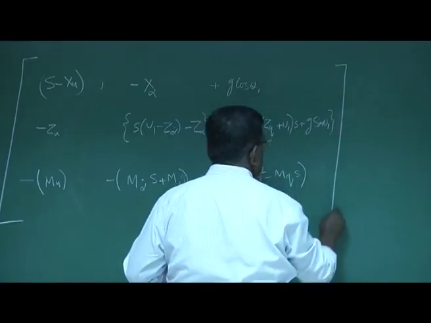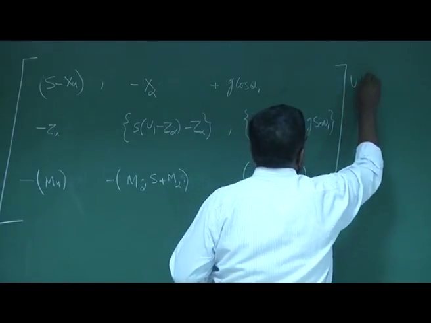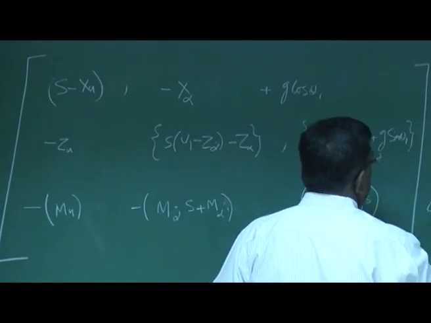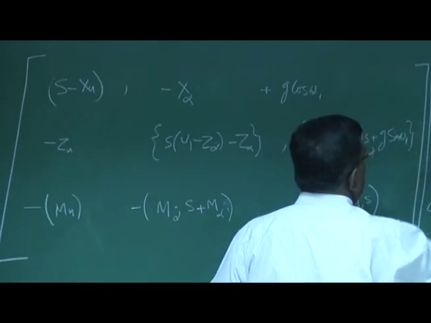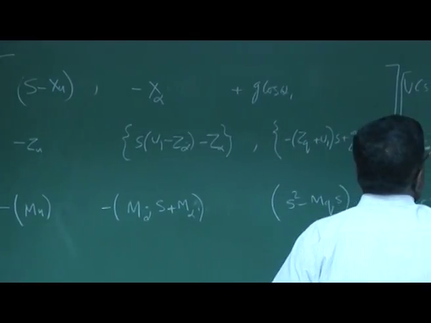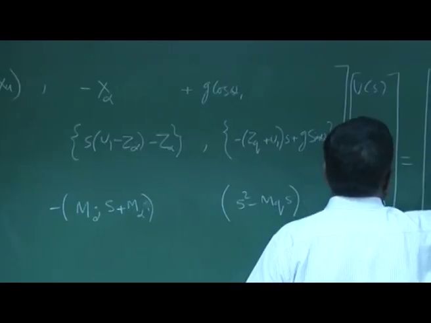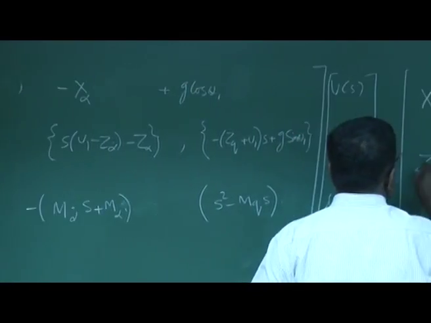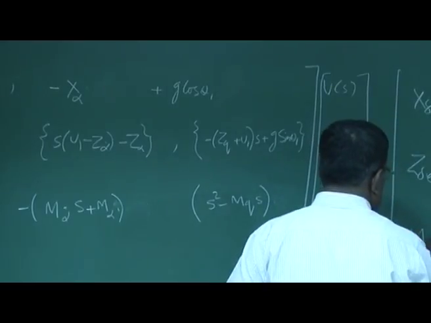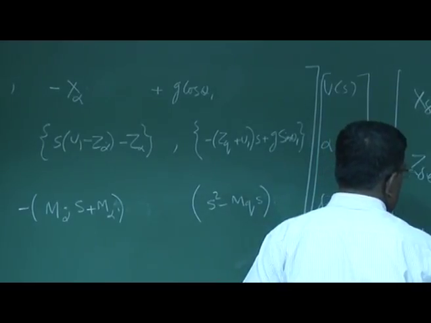And write this as u of s, alpha of s, theta of s, like this, is equal to x delta e into delta e of s, z delta e into delta e of s, and m delta e into delta e of s.